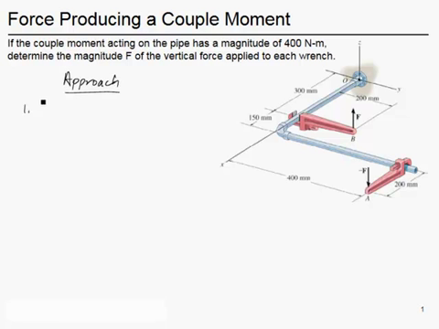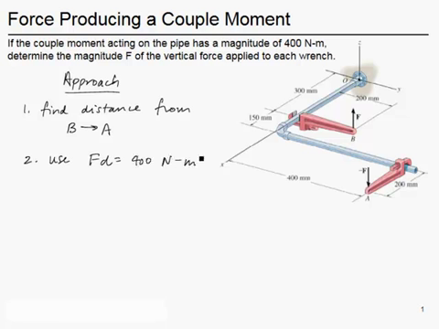Step one in our approach is going to be to find the distance from B to A, and I'll explain in a moment why that is the important quantity. And then in step two, we're going to use F times D equals 400 Newton meters to go ahead and solve for the magnitude F.